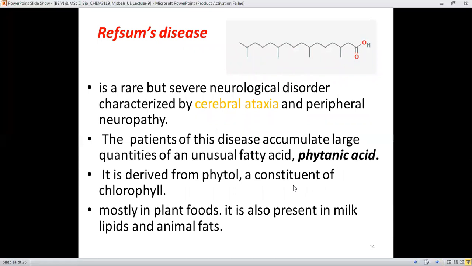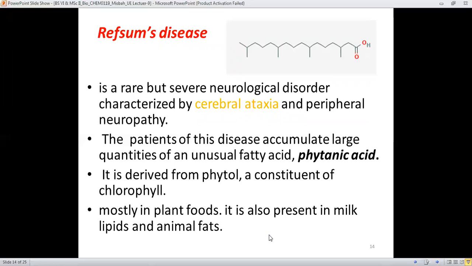Second is Refsum's disease. It's a rare but severe neurological disorder, and it's characterized by cerebellar ataxia. Ataxia means the person has very poor balance. The movement of the body and of the eyes is not normal.